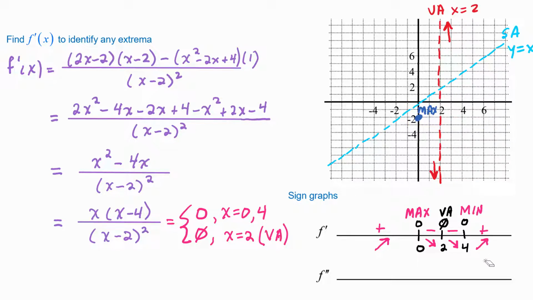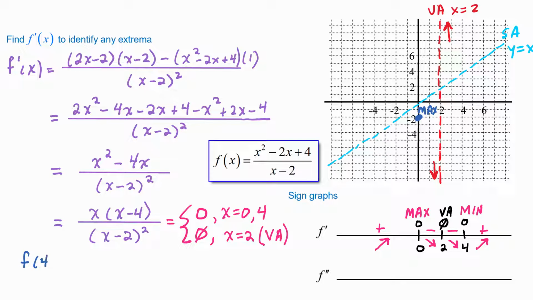Now we need to figure out f of 4. So f of 4 is going to be 4 squared minus 2 times 4 plus 4 over 4 minus 2.